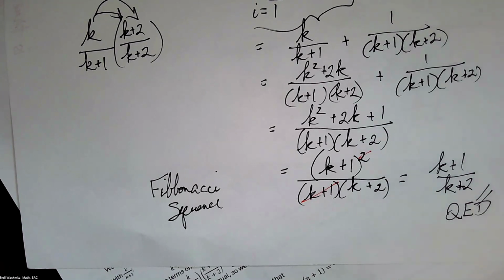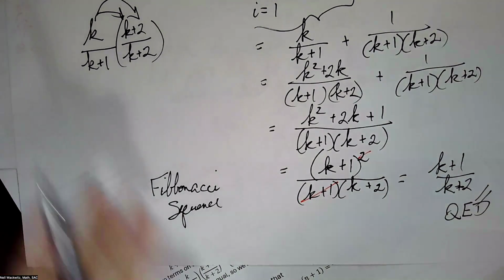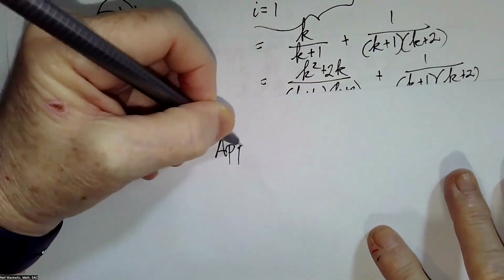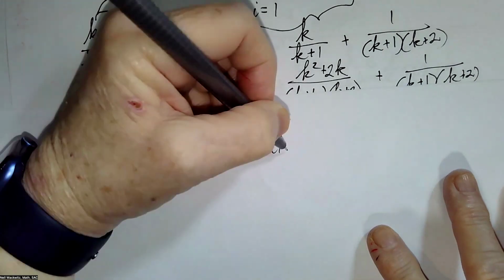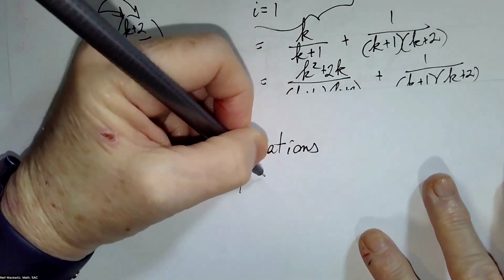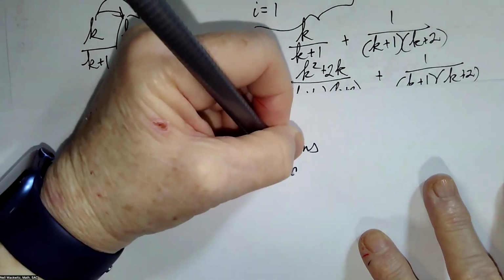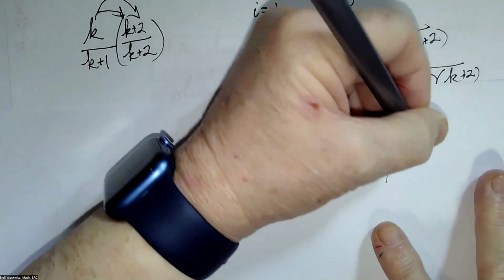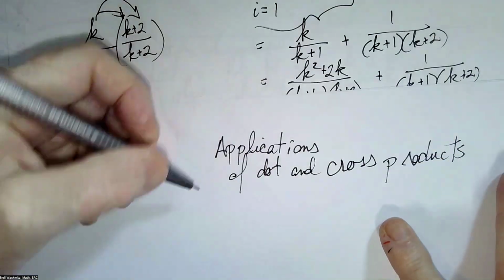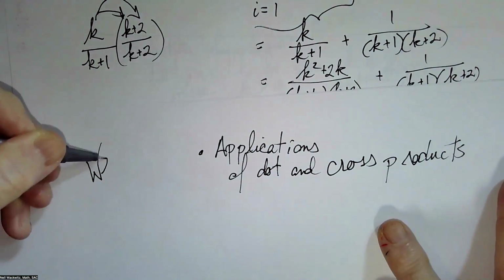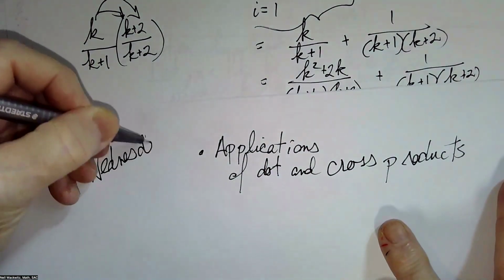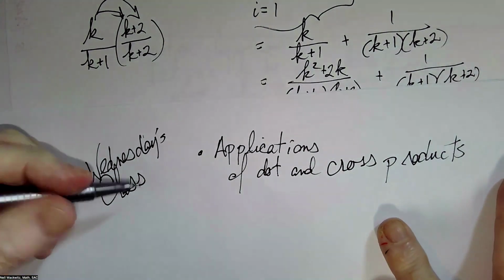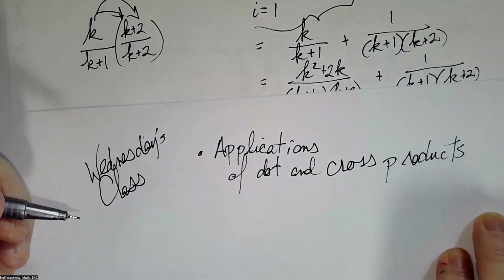Again, Wednesday's class, and I need to send everybody an email. Wednesday's class will be applications of dot and cross products. Today is the 6th.